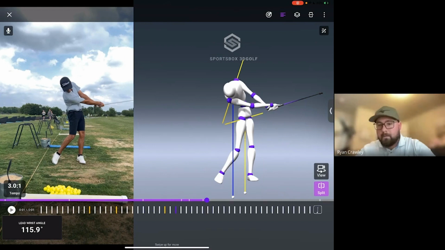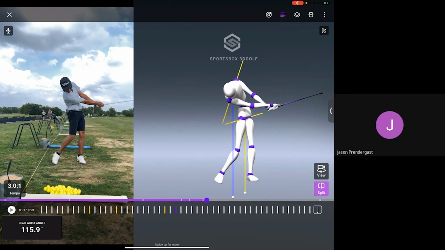Yeah, Jason Prendergast here. The information's awesome. However, as I'm looking at this thing, it might take me 3 hours to give a golf lesson as I'm trying to get it figured out. So do you have flow charts, progression charts, that sort of thing that allows this to get dumbed down a lot?